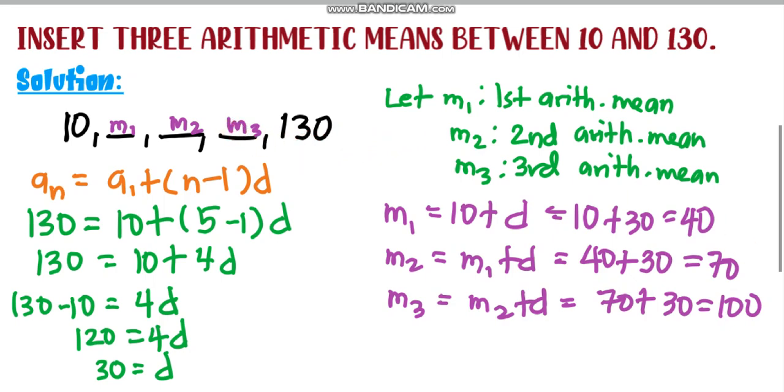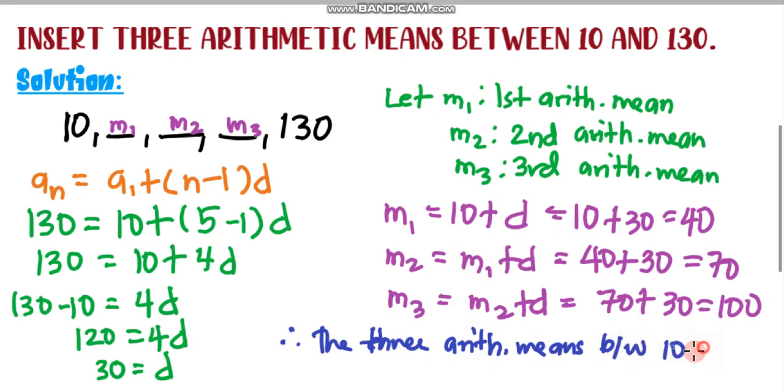So to conclude, the 3 arithmetic means between 10 and 130 are 40, 70, 100.